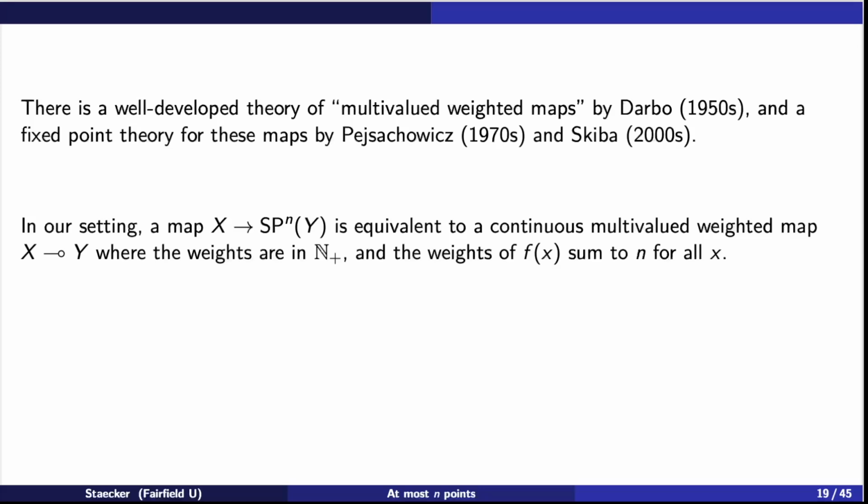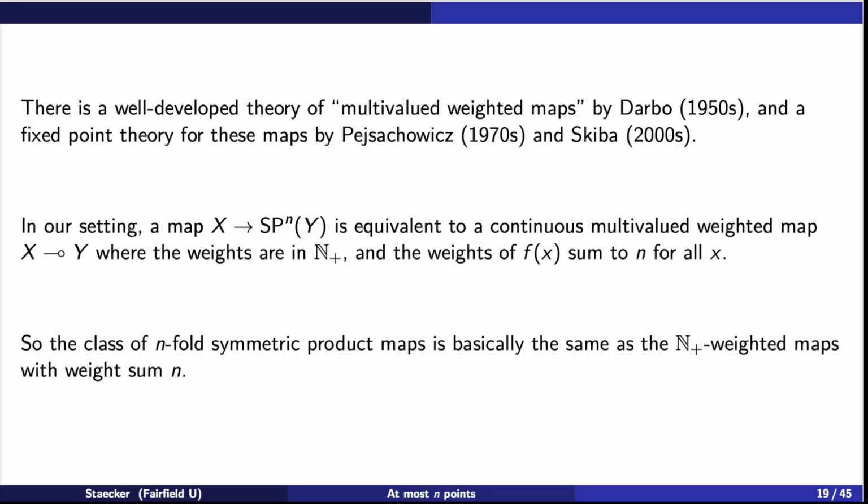And of course, symmetric product maps into SPN are ones for which the sum of all the weights adds up to n for every point. So the class of n-fold symmetric product maps is basically the same as the positive natural number weighted maps, where the weights sum to n. That's what I'm trying to say here.